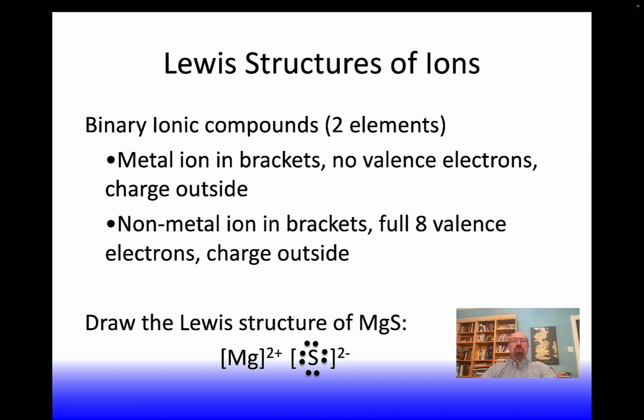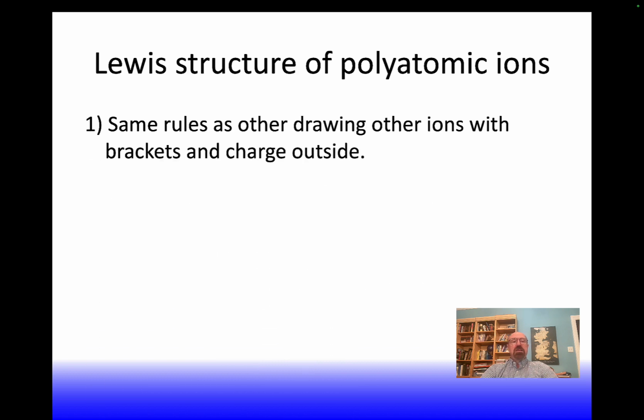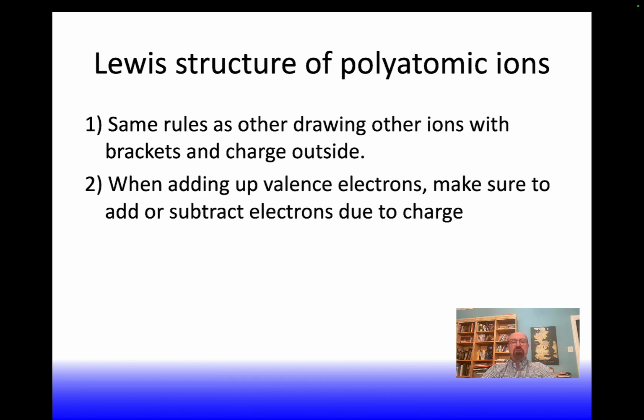Okay, what about polyatomic ions? So the rules are the same in some ways for polyatomic ions. That is, we still have brackets and the charge outside on the top right. We have to have the right charge on it. But inside the brackets, it really is a covalent compound. So we use all the normal ways of putting together our structure.